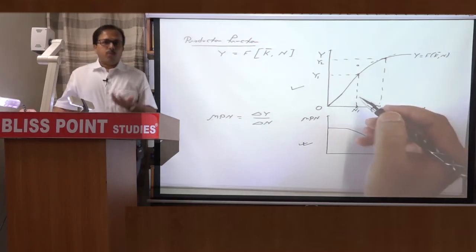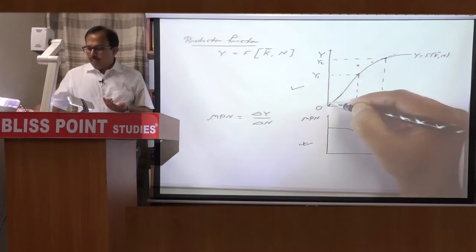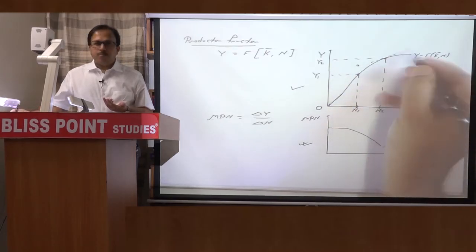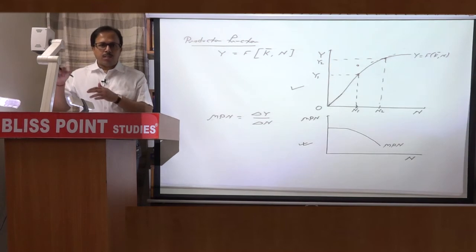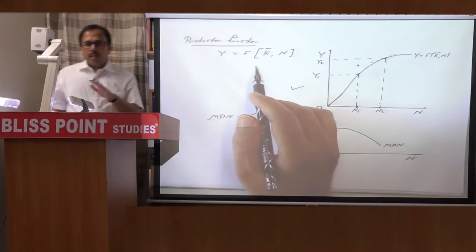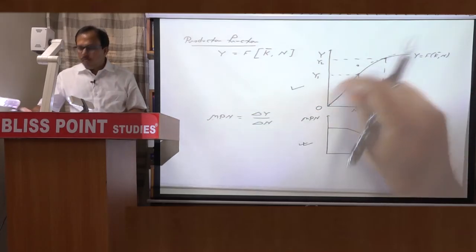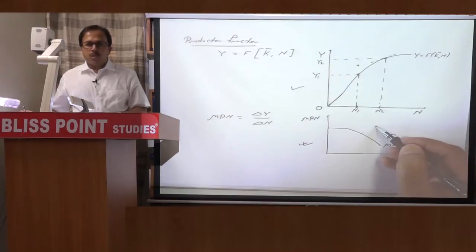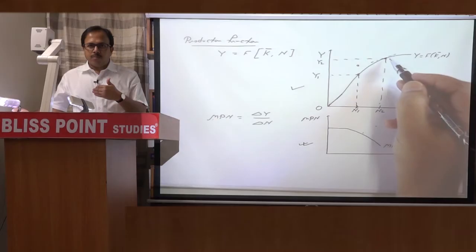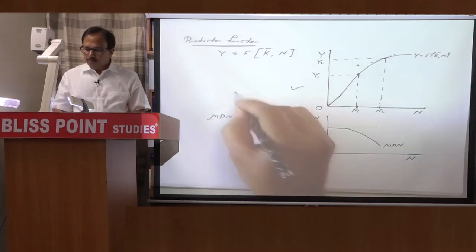If technology improves, then also the same labor can produce more output, and then this production function will shift up. The relationship will be the same, but if there is a change in technology or capital, then this curve will shift, and when this function shifts, the marginal product will also shift, because the marginal product is derived from this curve. So when this curve shifts, the marginal product will also shift. Now write it.